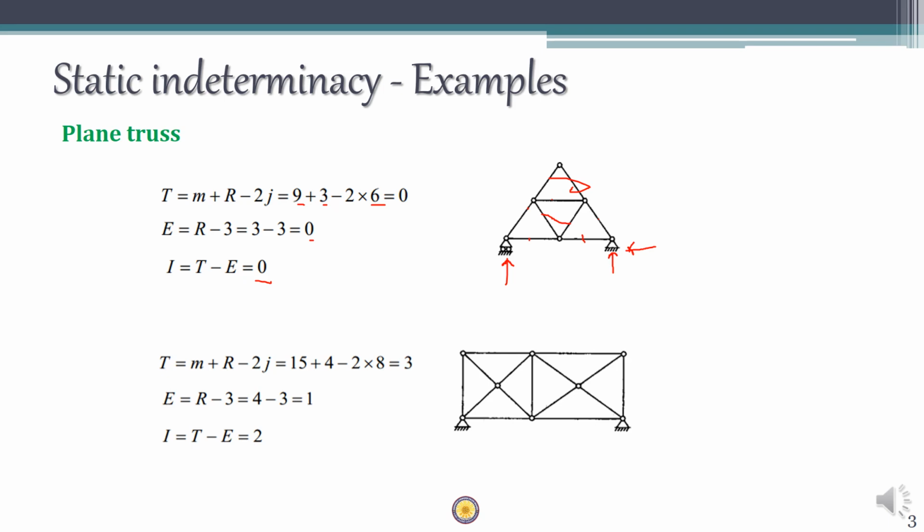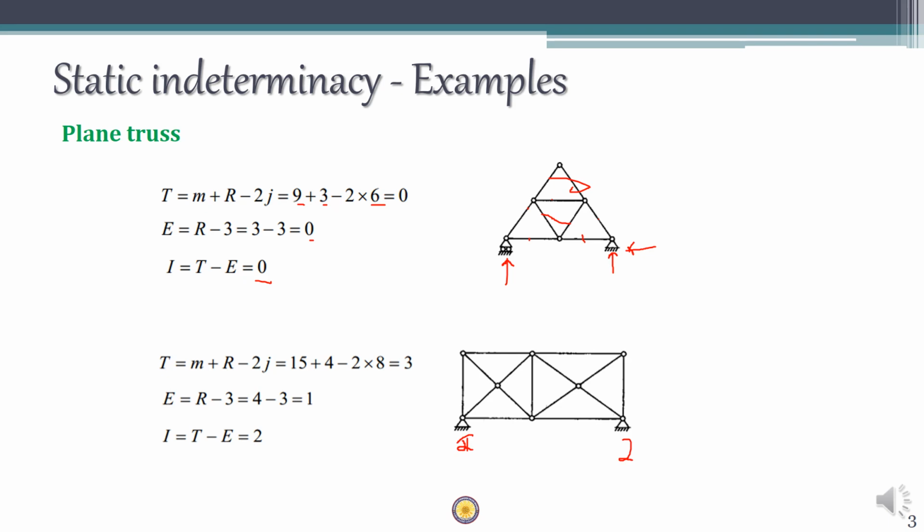Now this is another example. Here there are 2 hinges, so here you have 2 reactions, and here also you have 2 reactions.